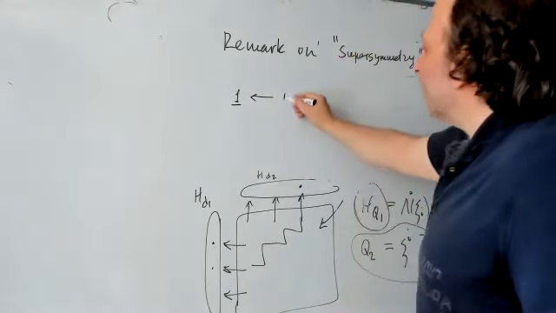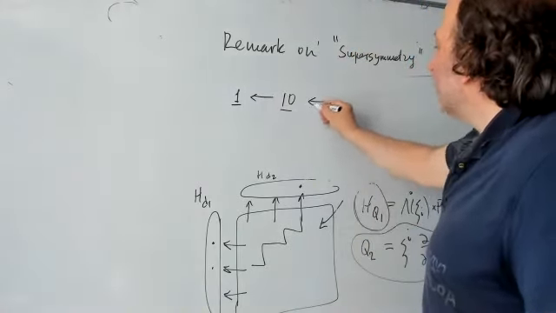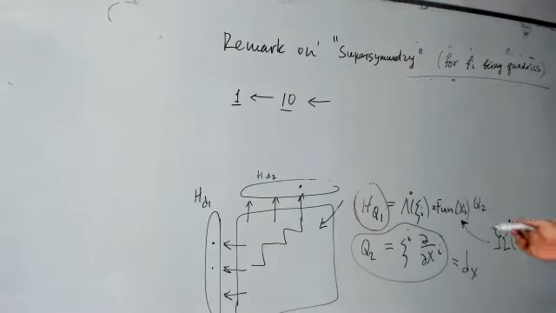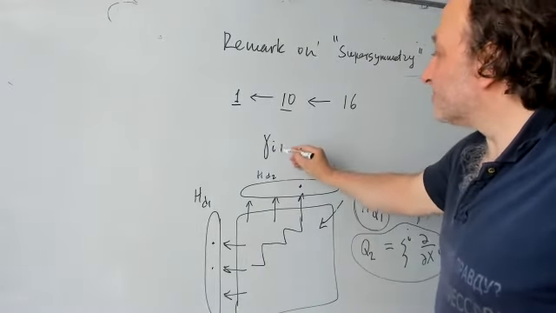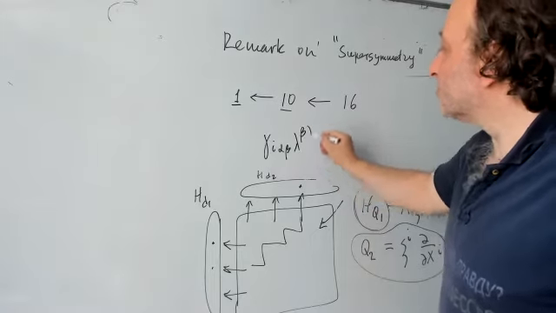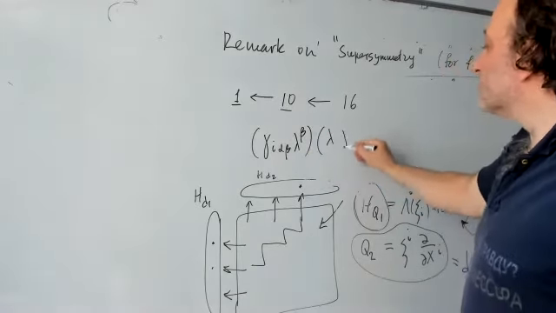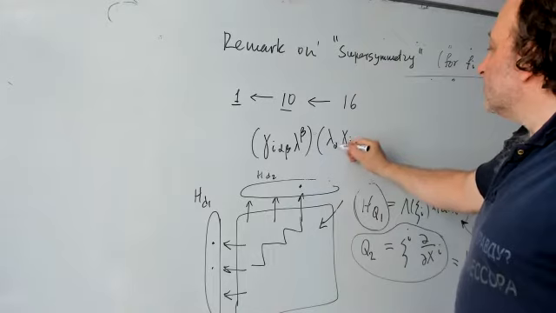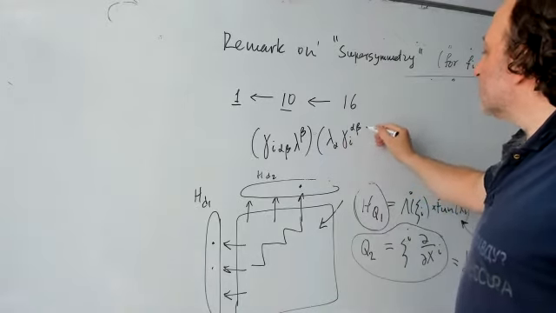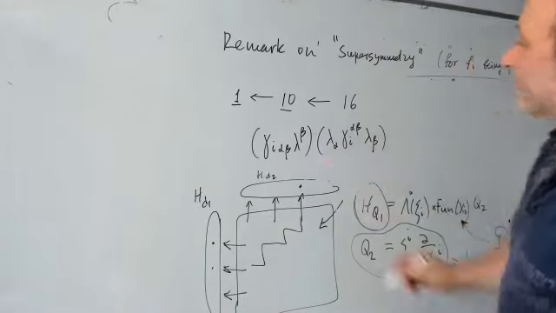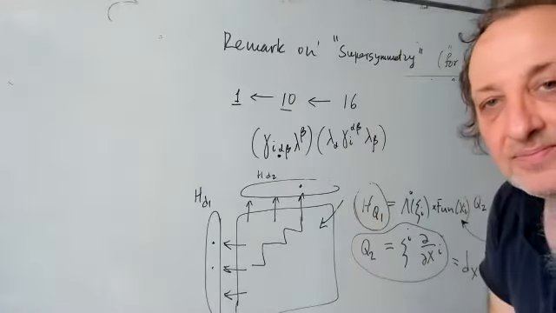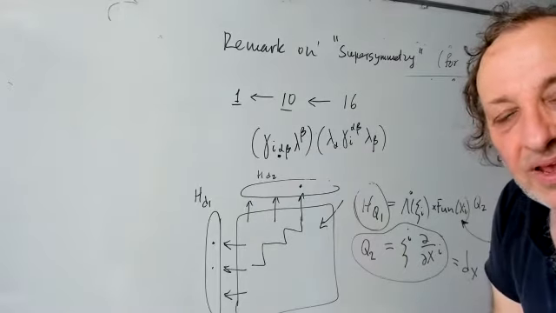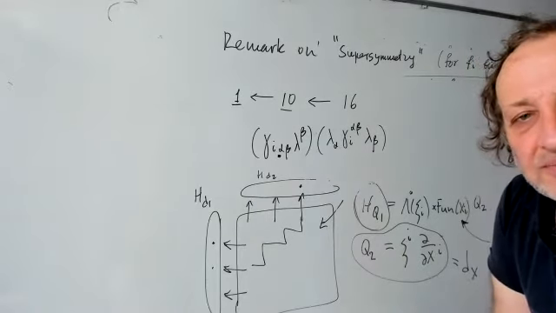So here I have 10, and here I have 16, because once again, here syzygies are parameterized by this spinor index alpha. And the number of spinors is 16.